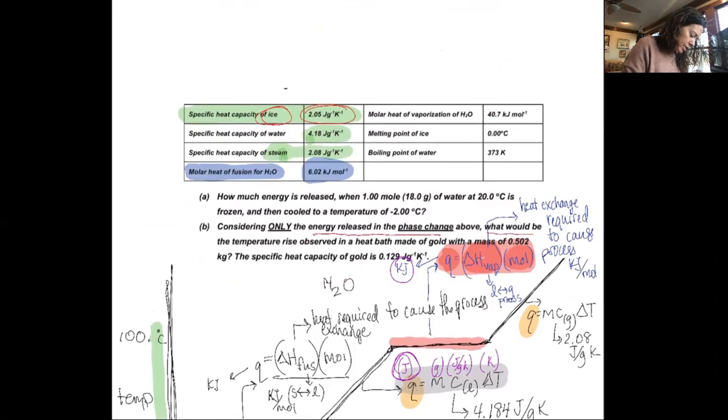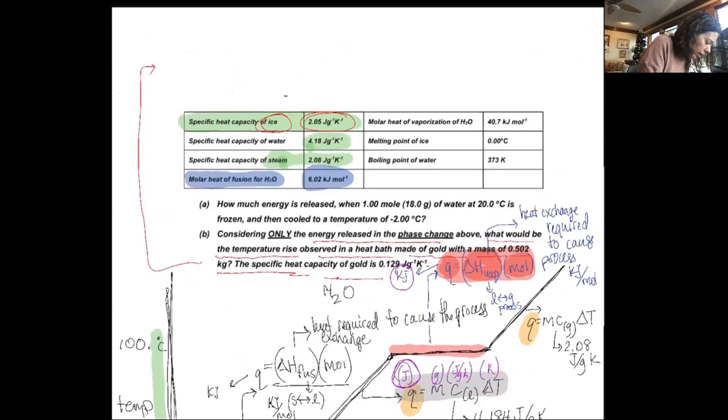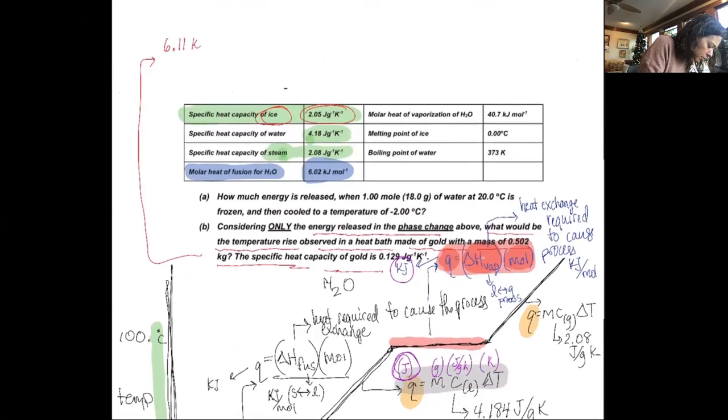What would be the temperature rise observed in a heat bath made of gold with a mass of 0.502 kilograms? The heat capacity of gold is 0.129 joules per gram Kelvin. Okay, I'm going to do that problem right here, but I need to remember this number. What was it? 6.11 kilojoules. Okay, 6.11 kilojoules released. Now let's look at the problem.